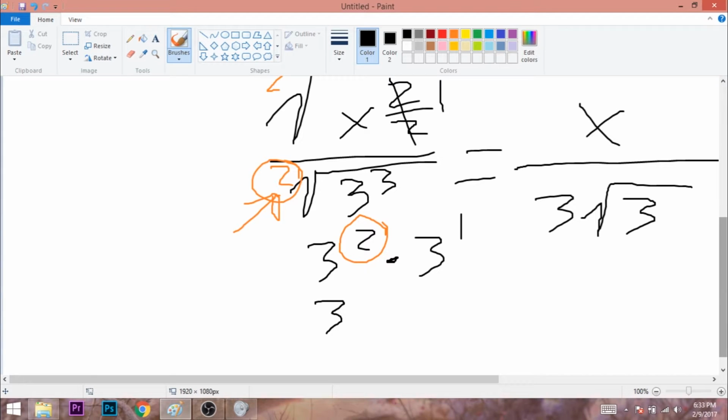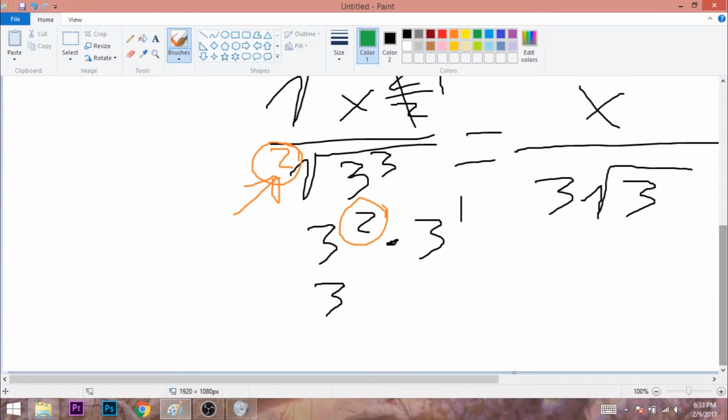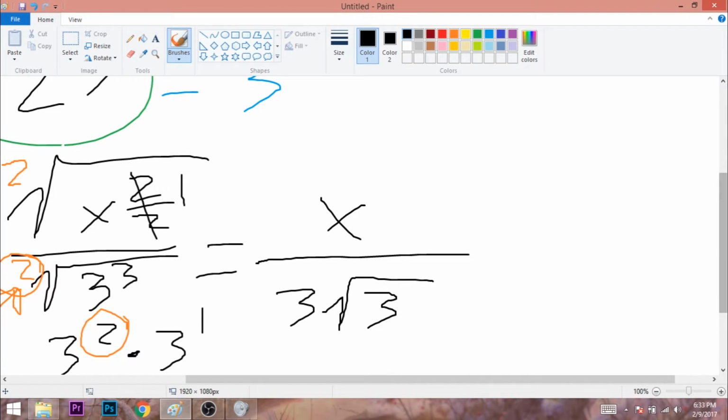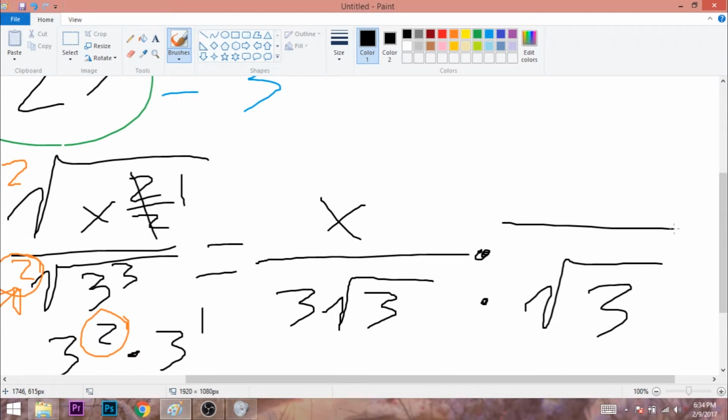Now, we're not done yet since we don't want to have a radical in our denominator. So what we're going to do is multiply both sides by the square root of 3.